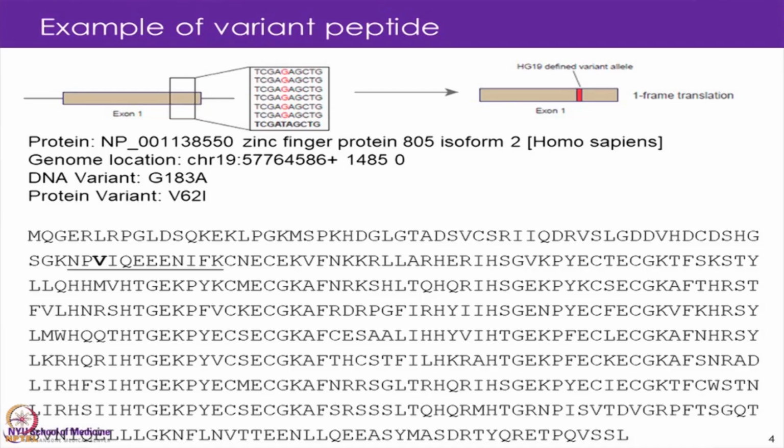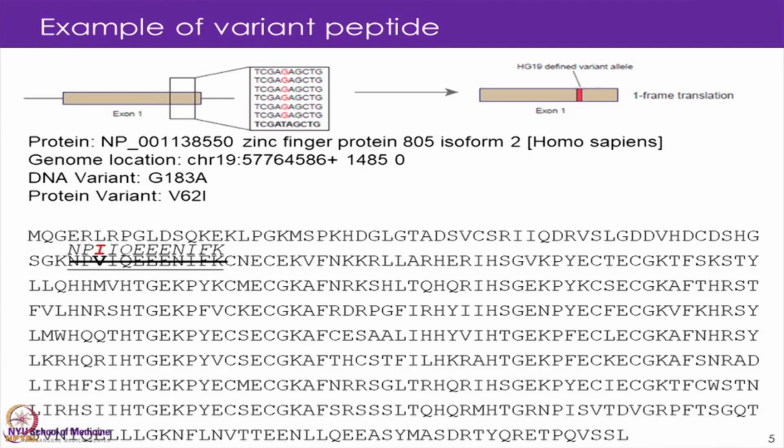The tryptic peptide is underlined where we have the valine. So we instead get a modified peptide that will have a different mass and a different fragmentation spectrum.